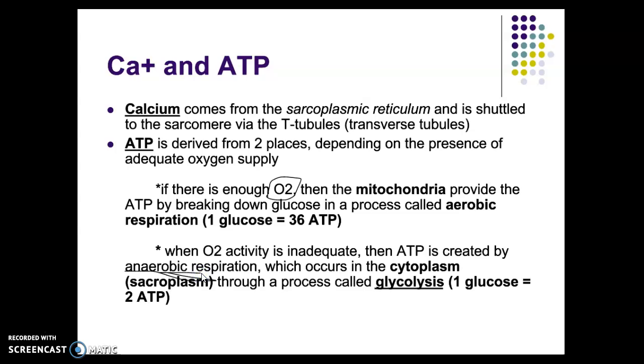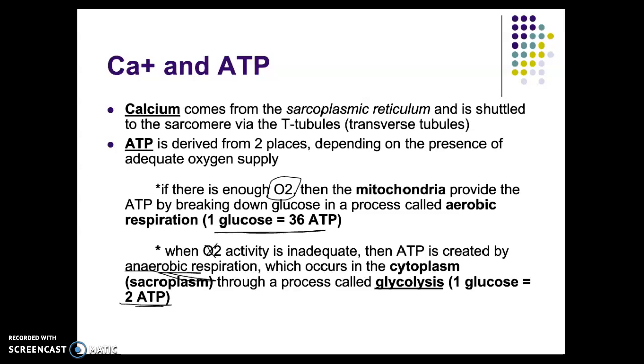So with aerobic respiration, oxygen plus glucose will end up making 36 ATP. However, if there's not enough O2, glucose is going to generate 2 ATP. So that's quite a big yield difference.